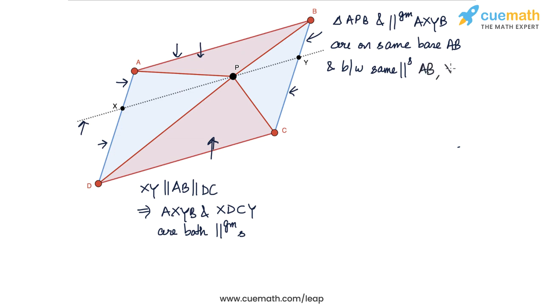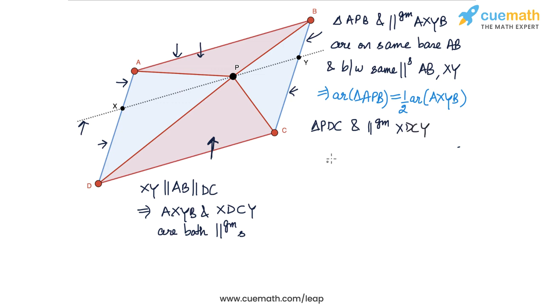So AB and XY, and this means that the area of triangle APB is half of the area of the parallelogram AXYB. Similarly, if you think about the area of triangle PDC, the lower red triangle, then we can see from the figure, and we saw in the simulation, that this triangle PDC and the parallelogram XDCY, they are on the same base DC.